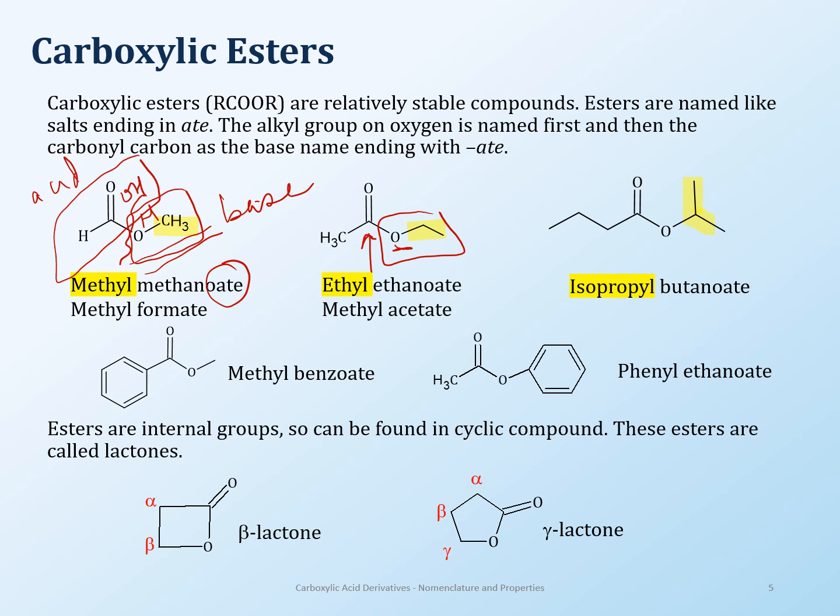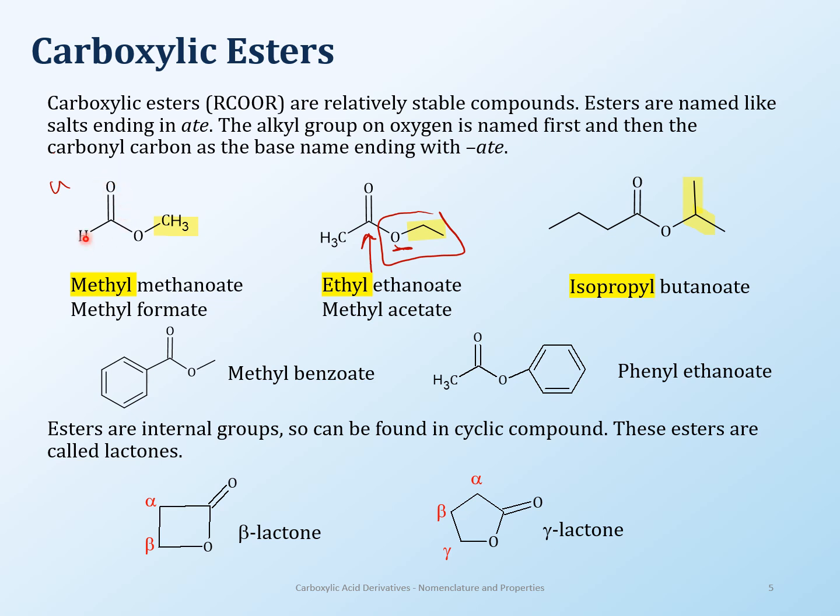All the yellows are what you would name first because that's what's connected to the oxygen. Whatever is attached to the carbonyl, that's your base name, the base for the carboxylic acid. That is how you will name carboxylic esters. The first one here is methyl and then methanoate. Let me go ahead and erase all of this so you can actually see.